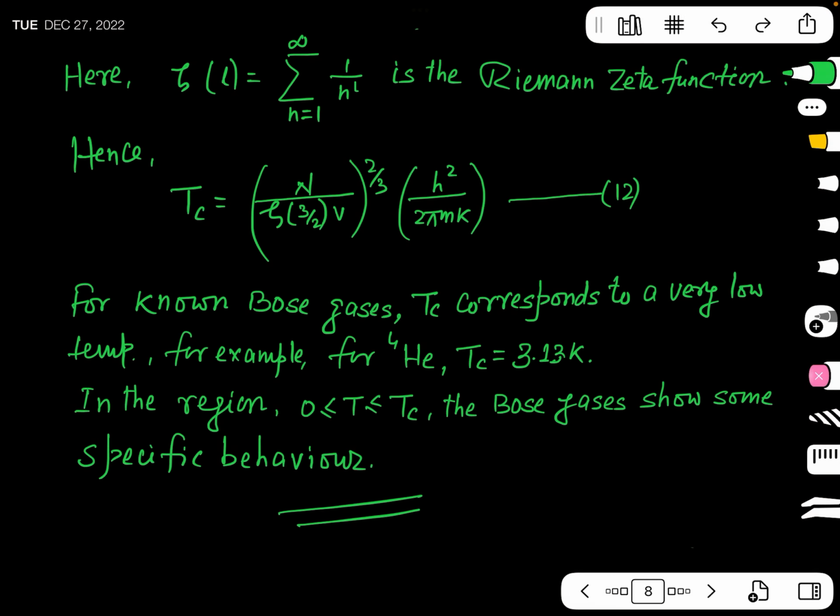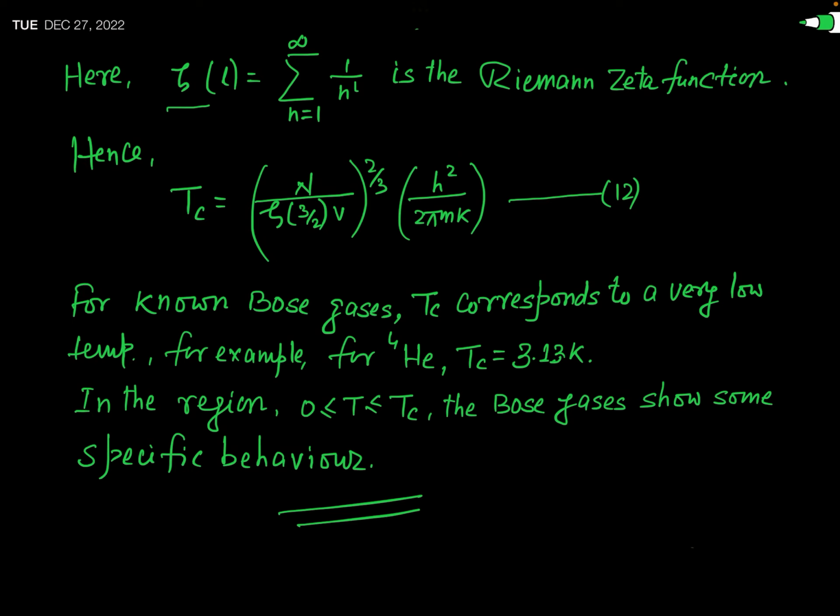Here, as I have written, this zeta of L, which is defined like this, is summation over n from 1 to infinity of 1 by n to the power L. This function is called a Riemann zeta function.